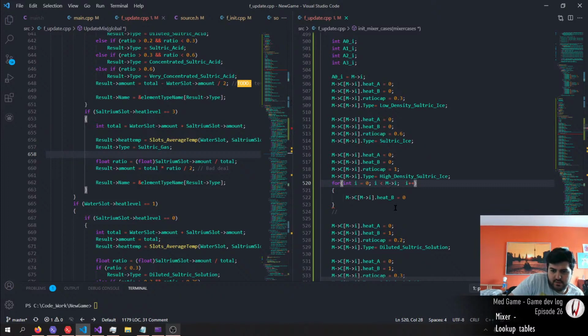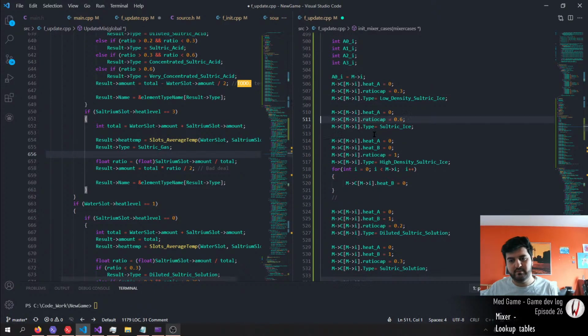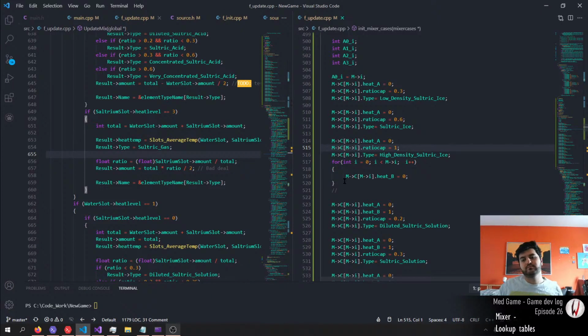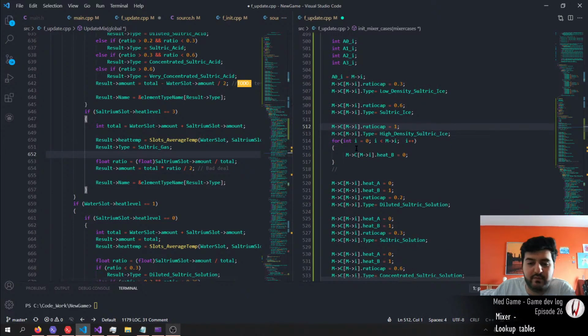Oh, it's going to be a bit hard to make this work. If A equals 0, that happens anyway.